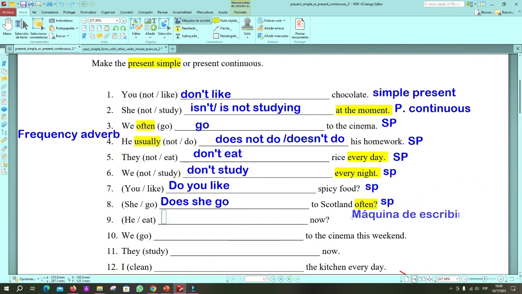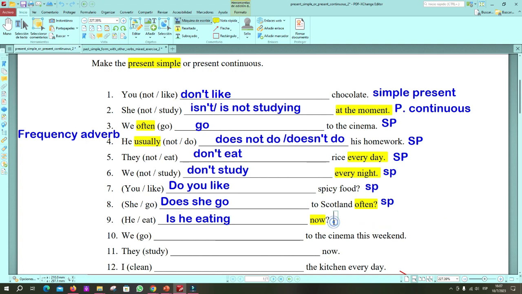What about the number 9? Oh, there you have another word here. Now. You have now, right now, at this moment. Remember that is present continuous. So this is a yes/no question. So you can say, is he, and also the main verb plus ing, eating. So, is he eating now? That's a yes/no question, right?